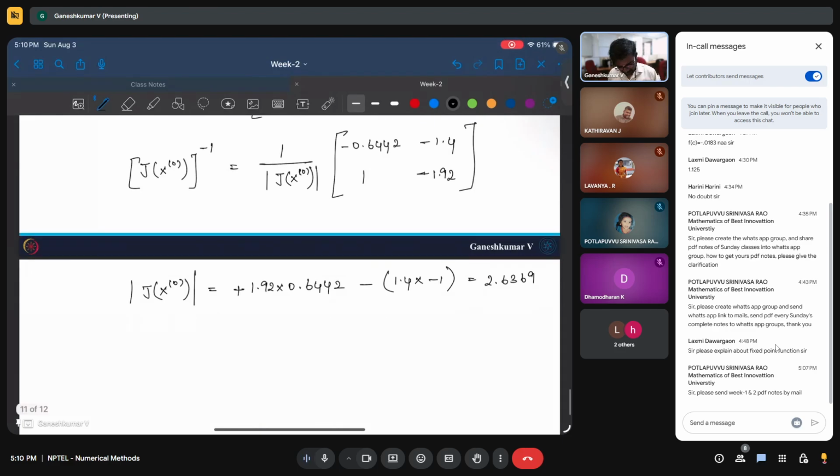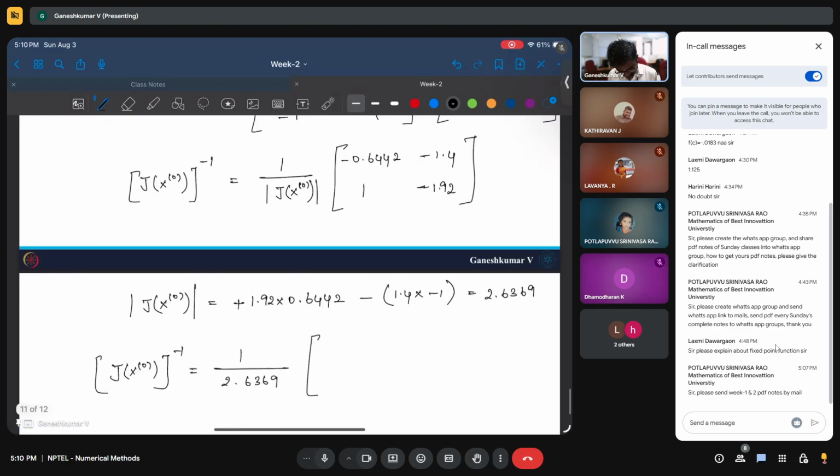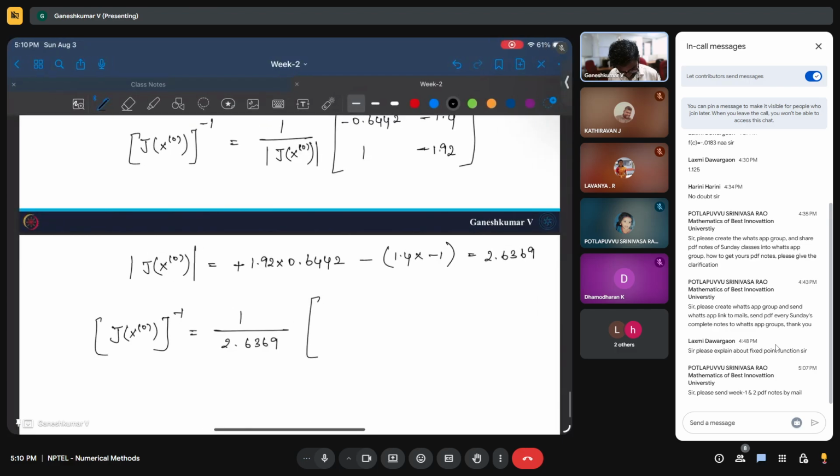Okay, so now let's find out the Jacobian matrix inverse, which is 1 divided by 2.6369 times minus 0.6442, minus 1.4, 1 minus 1.9.